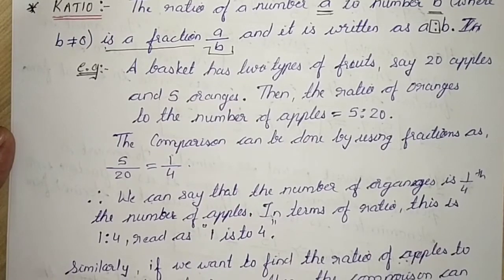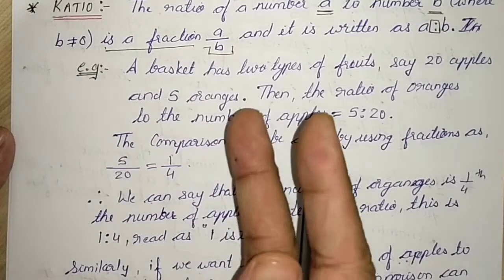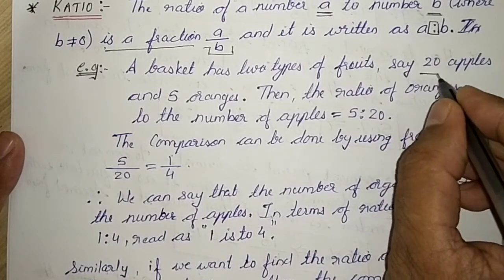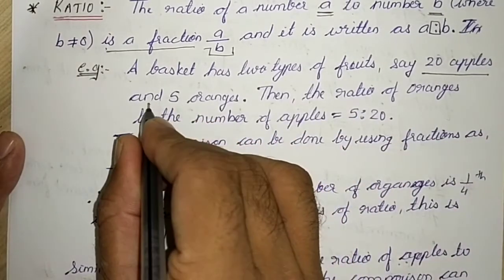Example: suppose a basket has two types of fruits, let us say 20 apples and 5 oranges.